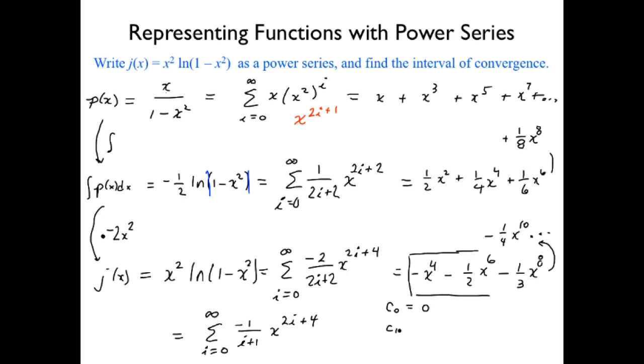C1 would be? There's no x to the first term. C2. There's no x squared term. C3. Okay, do you understand? Now C4 would be negative 1. This one starts at negative x to the 4th, so all your coefficients from 0 up to 3 will all be 0 because there's none of those terms.